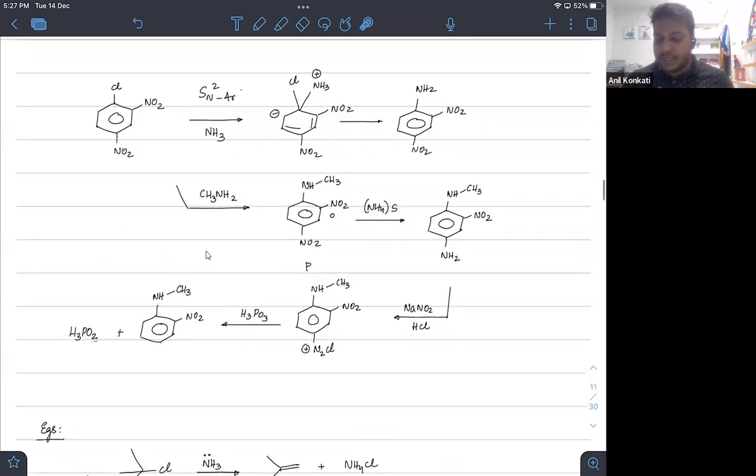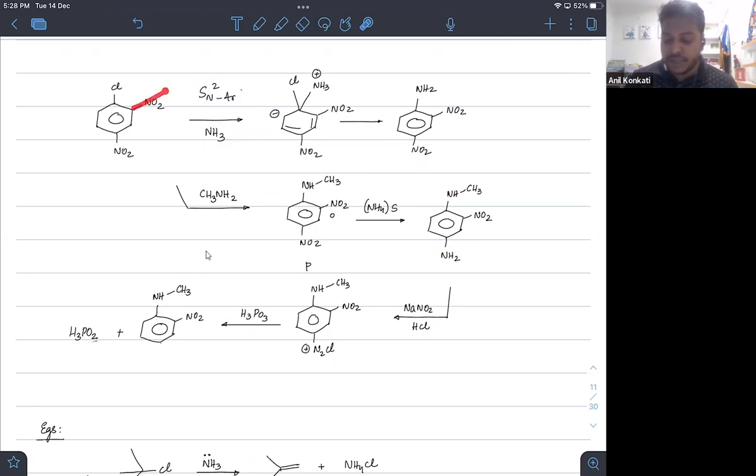Next. Now, typically you can be asked a question this way, where the question starts from here, okay? Suppose you have NO2 at meta positions and chlorine is the main group you are expecting, and after that you reacted with ammonia, this time the reaction will not happen via the benzyne mechanism, it will go via ArSN2, right? What was the purpose of ArSN2, son?